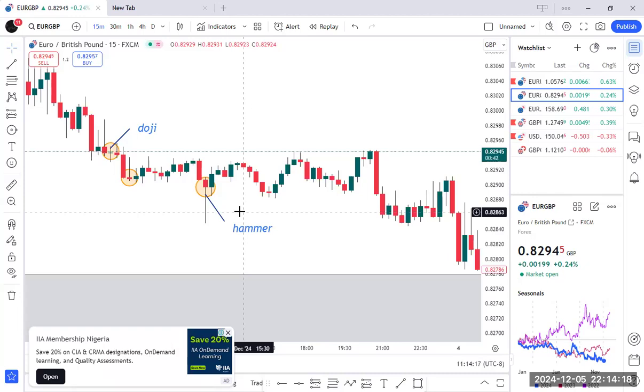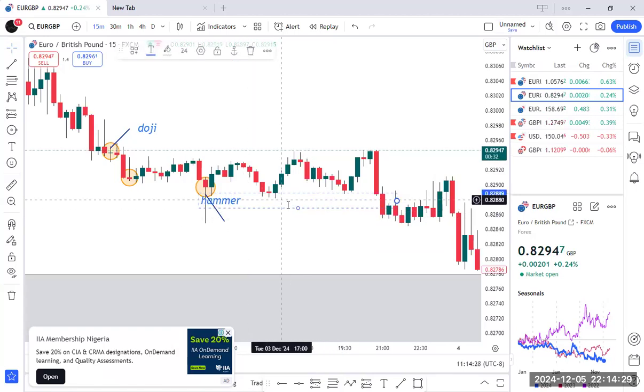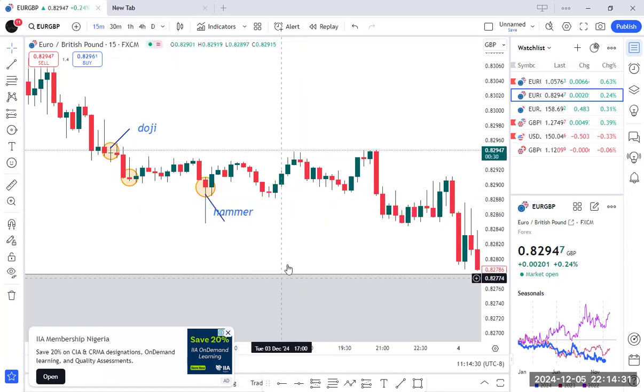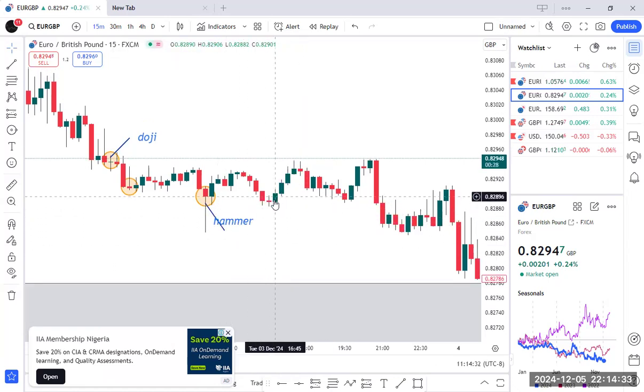What you're actually looking at is your support zone. I'm still going to teach you guys how to analyze using a support zone and resistance zone. So this is a hammer, and then this is a morning star candlestick.